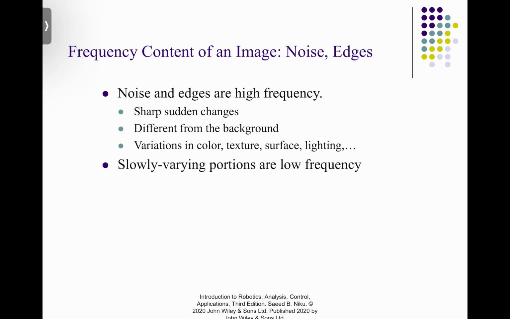And again, if you think about the image, if you want to sharpen the image, if you want to blur the image, if you want to see some of the features of the image, Fourier transform, essentially, the image is actually a two-dimensional time series.